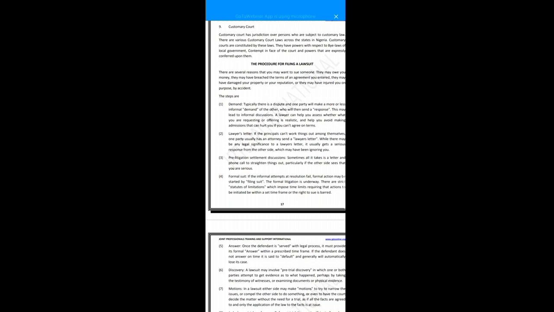The second one is the lawyer's letter. Now, if the principals can't work this out among themselves, that is, if those demanding justice cannot settle it among themselves, one party usually has an attorney send a lawyer's letter. While there may not be any legal significance to a lawyer's letter, it usually gets a serious response from the other side, which may have been ignoring you.